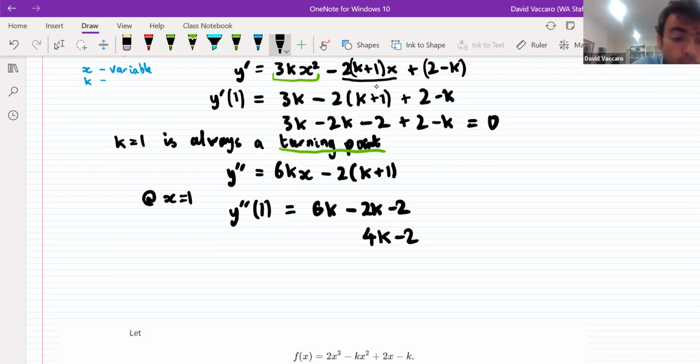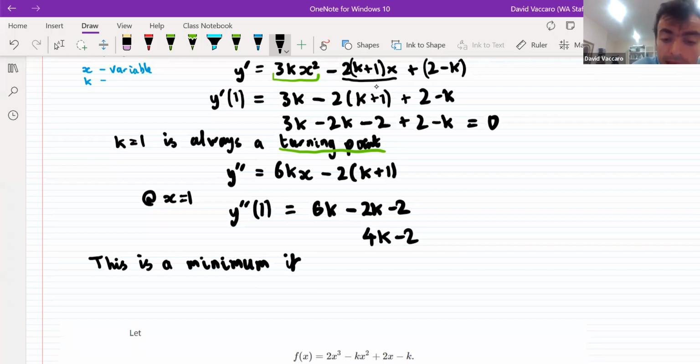So the question is, when is this a minimum? What's the sign of y double dash at a minimum? Okay, so someone said positive.